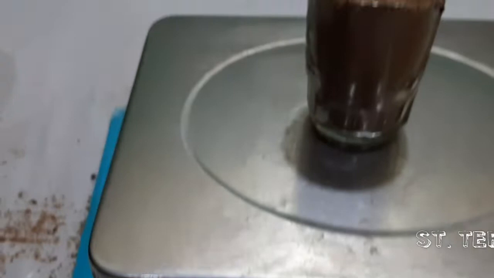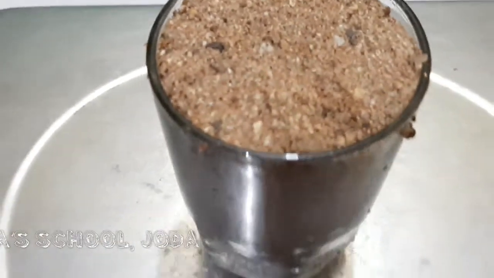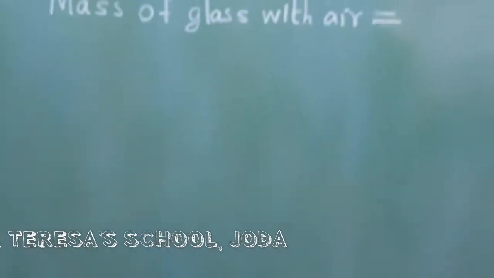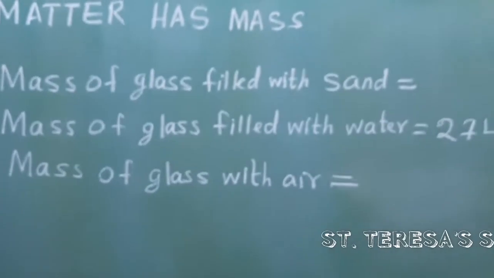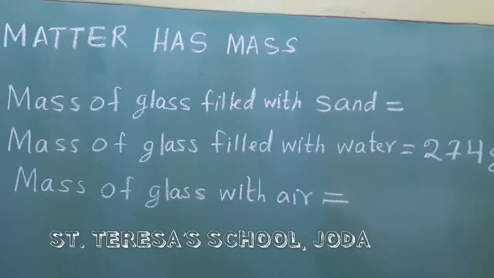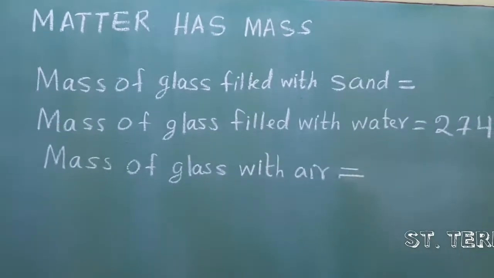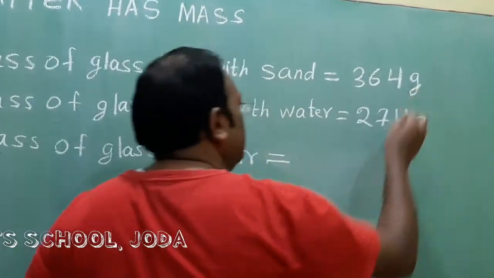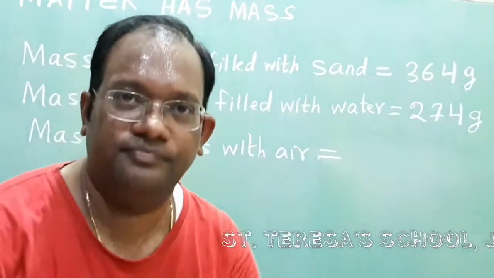So the mass of glass filled with sand is equal to 364 gram.